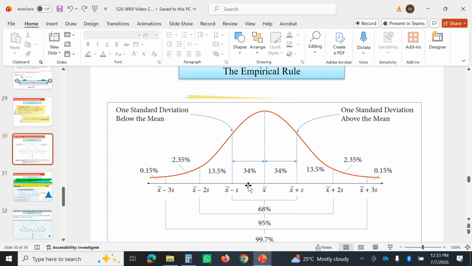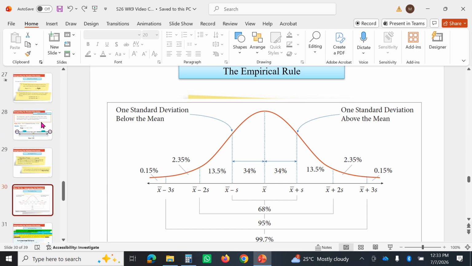And so the first standard deviation is all data points that fall within the first standard deviation on the lower half, all the way up to the first standard deviation on the upper half. 34%, 34%, so 68% of all data points fall within the first standard deviation. Every data set will be different, right?